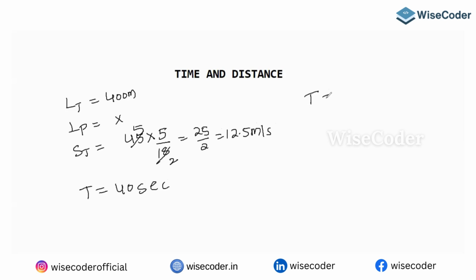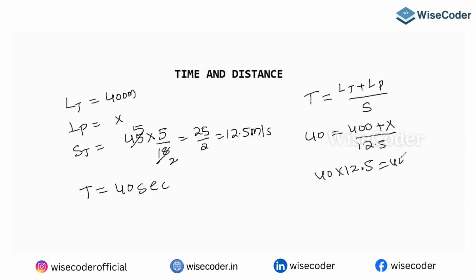You know this thing, right? When the situation is like this, the time is equal to length of the train plus length of the platform divided by speed. Time is 40, which is equal to length of the train, 400, plus the length of the platform, which I don't know, x, divided by the speed, 12.5. So 40 into 12.5 is equal to 400 plus x.